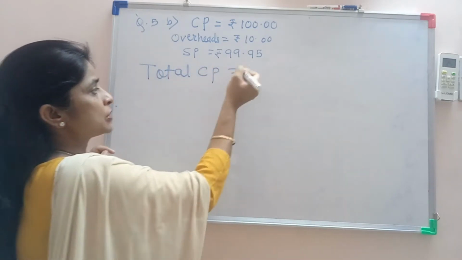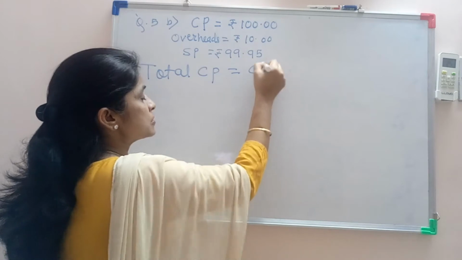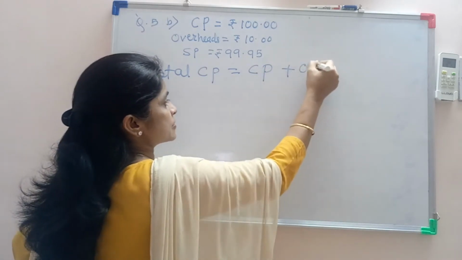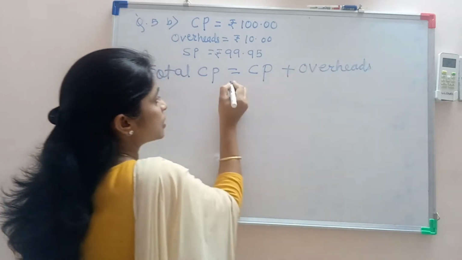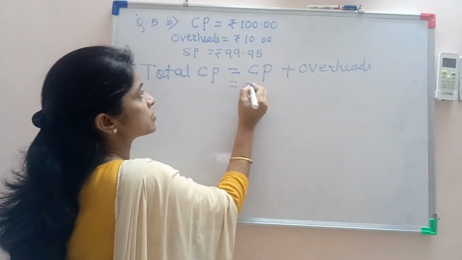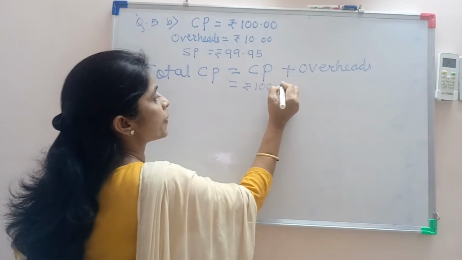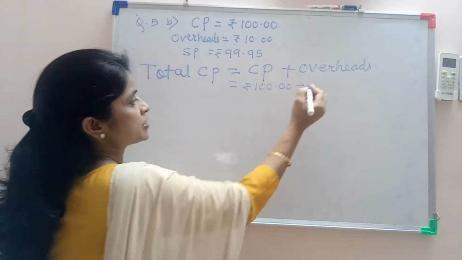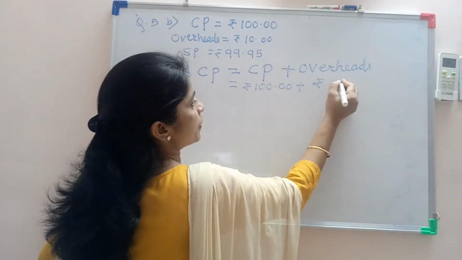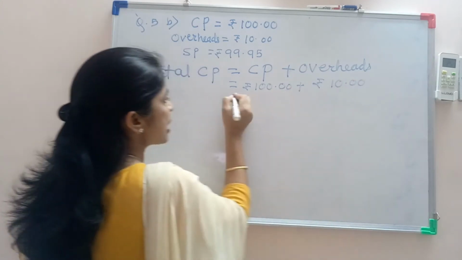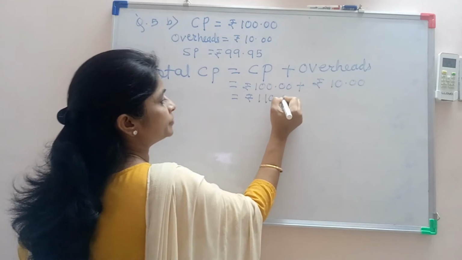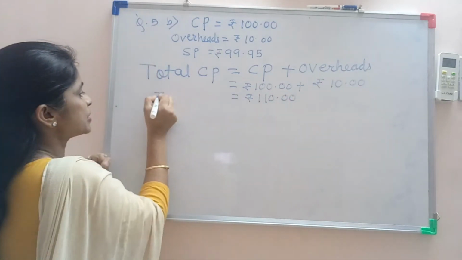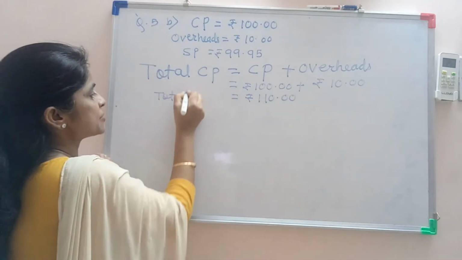As we know, total CP is equal to CP plus overheads. Now here CP is rupees 100 plus overheads is rupees 10. We will add it, so we will get rupees 110. This is nothing but the total CP.